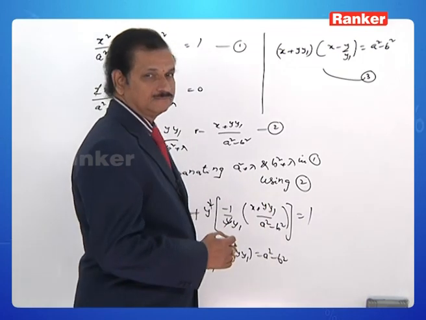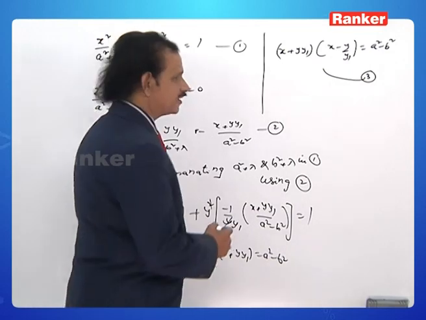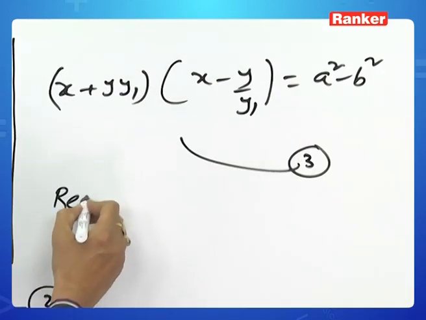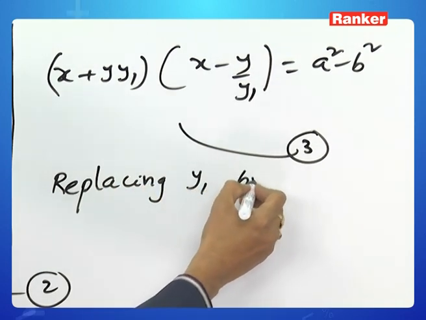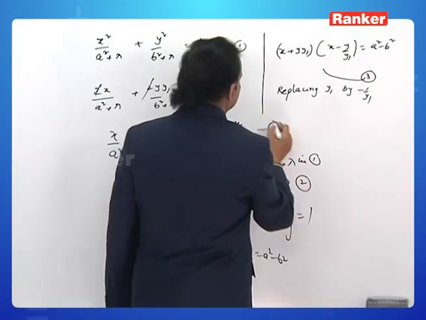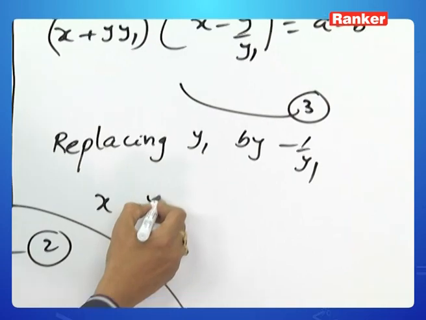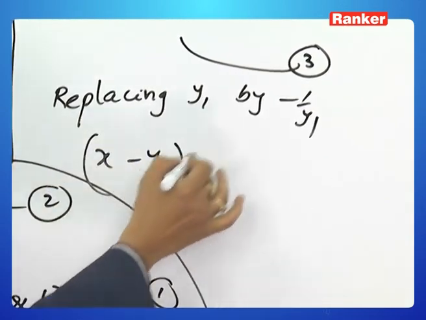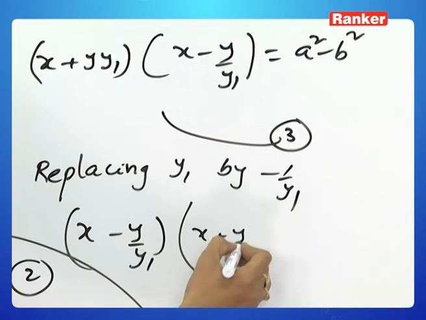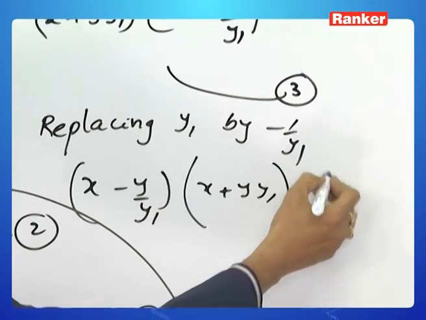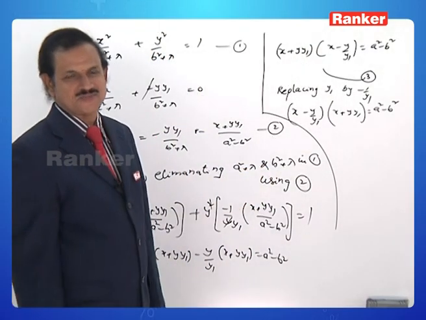To have the differential equation of the orthogonal trajectory, replacing y1 by minus 1 by y1, what happens? x minus y by y1 into minus y into minus 1 by y1 is into x plus y y1 is equal to a square minus b square. That is the miracle that we are supposed to observe.